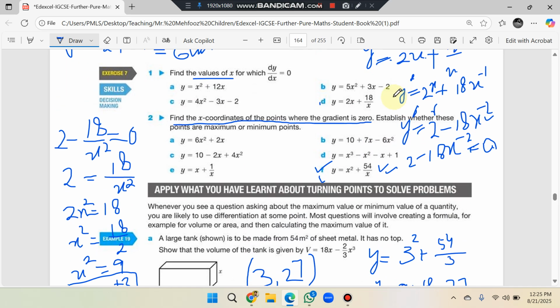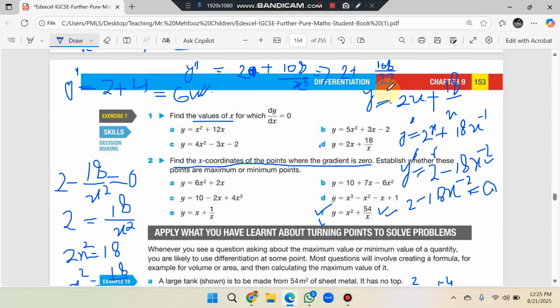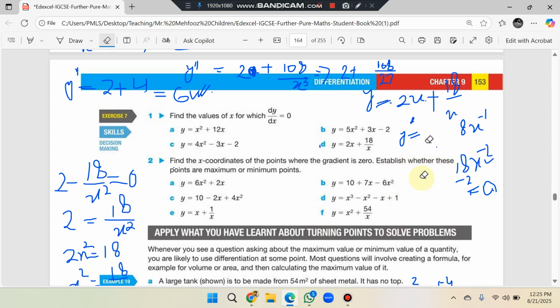Do you have any problem in this exercise? No. Okay, good. Can you do this exercise by yourself now? Yes. Okay, good. So first of all, you have to do the previous example, that is example 18.